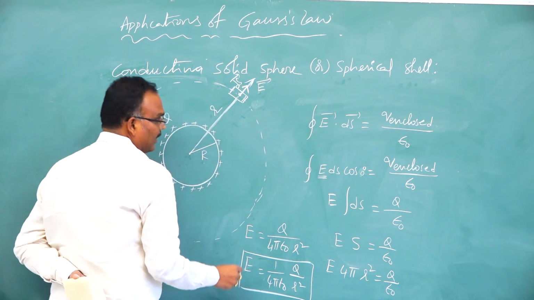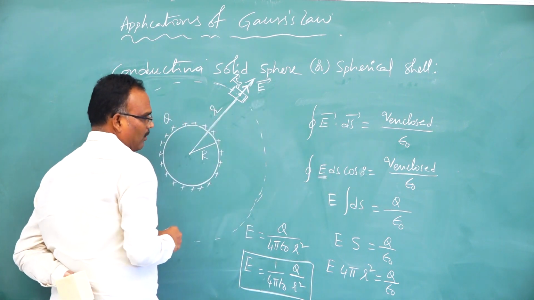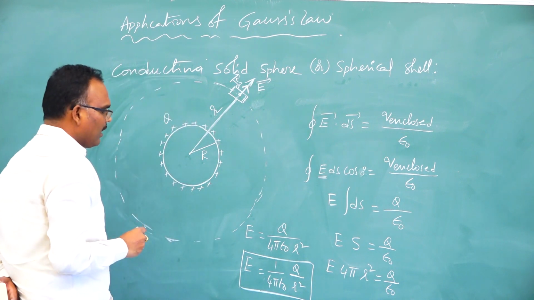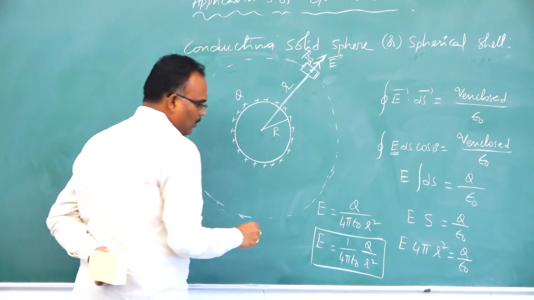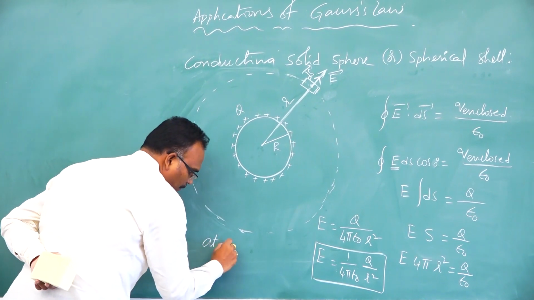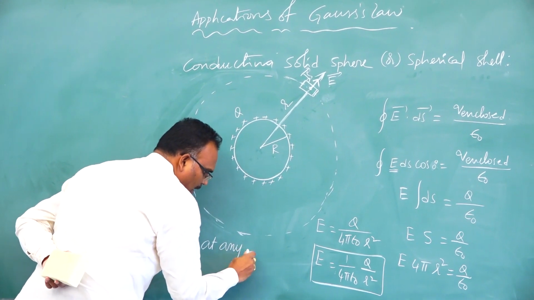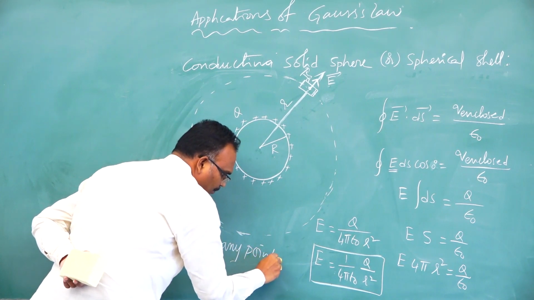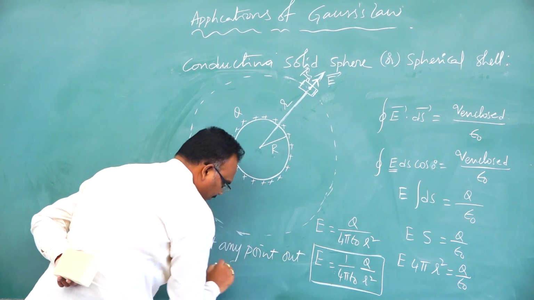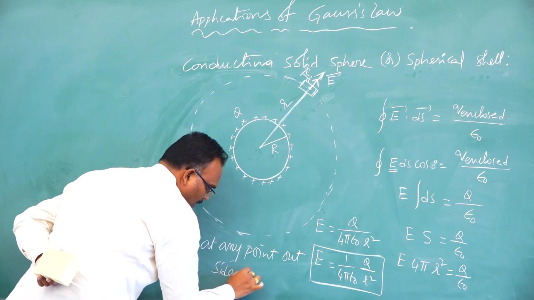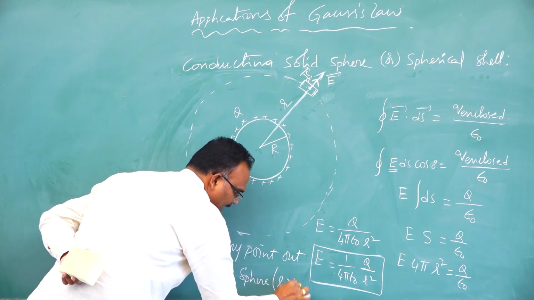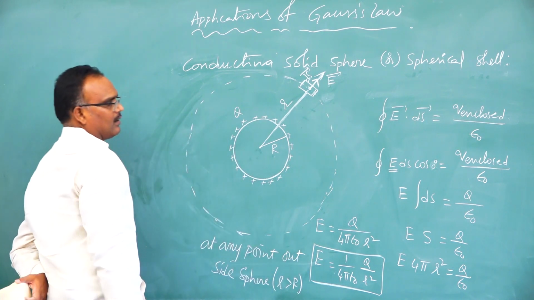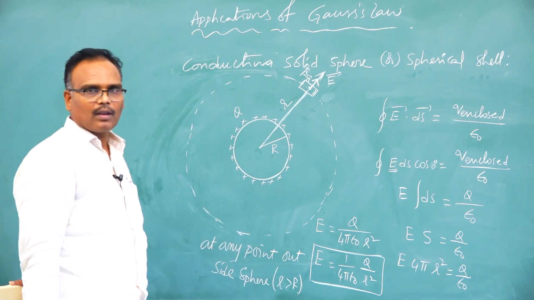Here the point is outside; we have calculated the electric field at any point outside the sphere, that is, small r is greater than capital R. So this is the electric field.